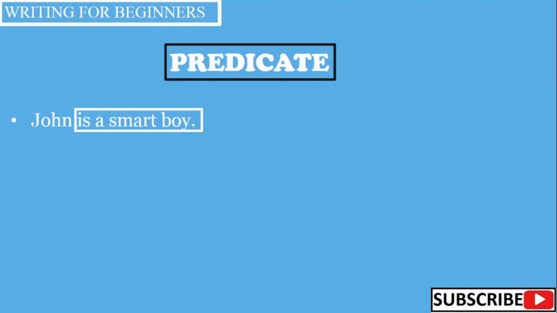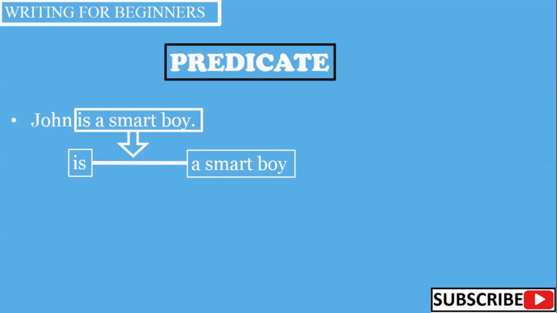If we divide "is a smart boy" into two parts, "is" and "a smart boy": "is" is the verb here, and "a smart boy" is an adjective phrase here.